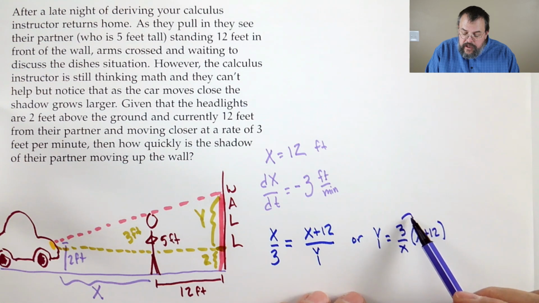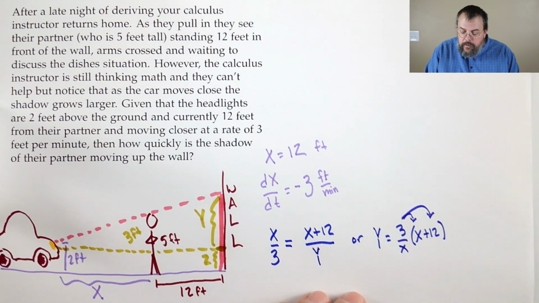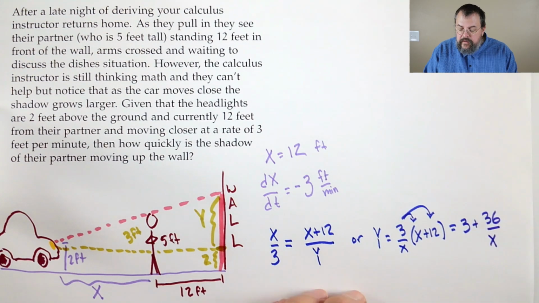Now, if you distribute that through, what would we get? Well, y is equal to 3 over x times x, which is 3, and then 3 over x times 12, which is 36 over x. All right. And there you go. That's going to be what you get.